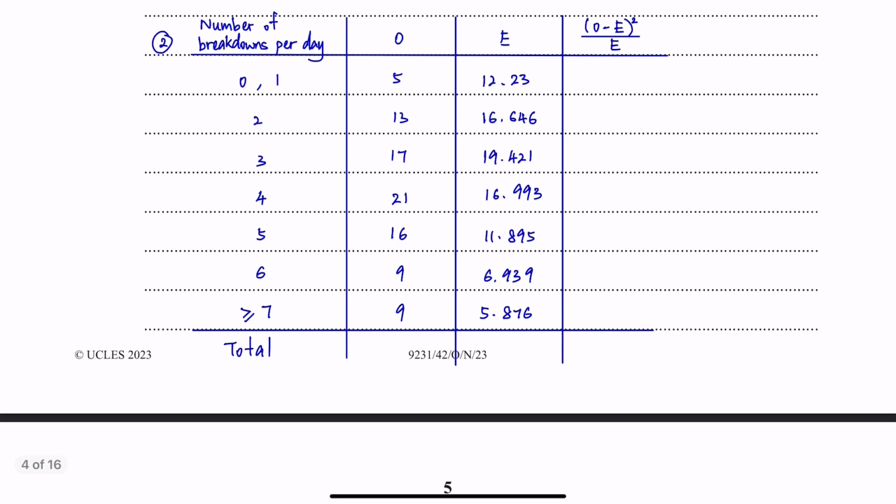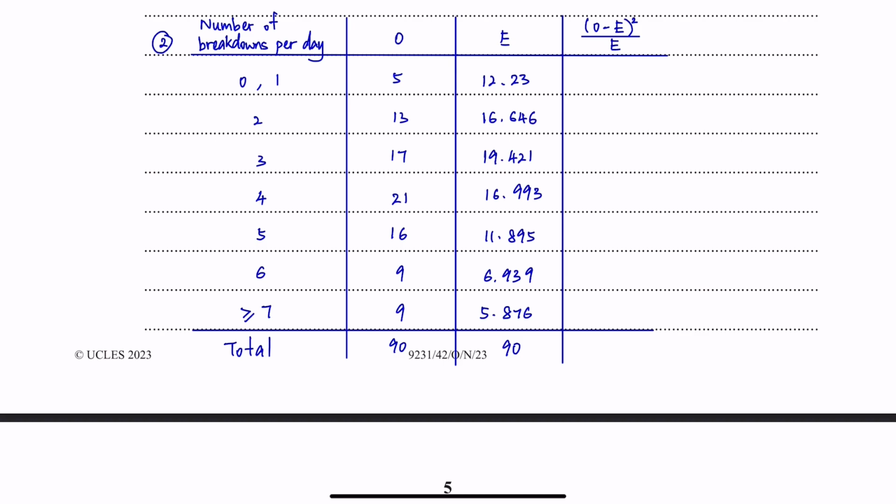So if you sum all of them up, you would get 90 because that's the total number of days. And if you sum all this up, you would also get 90. So now we need to calculate these values. So we just need to calculate one by one.